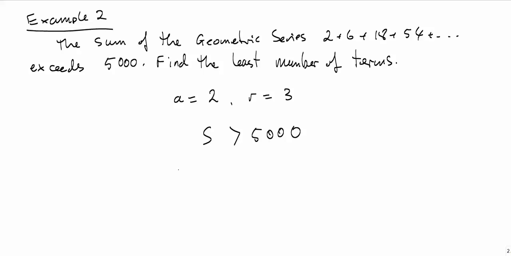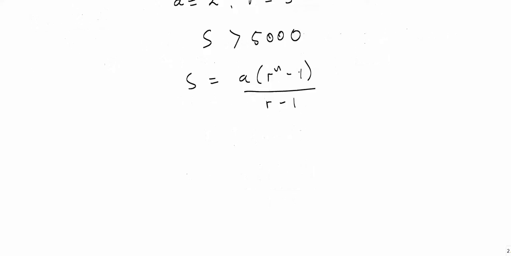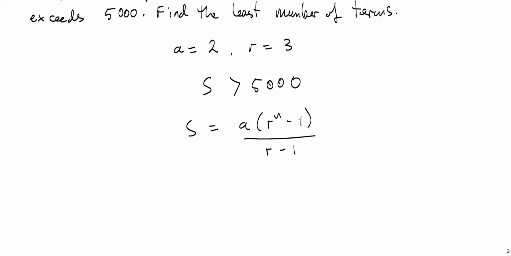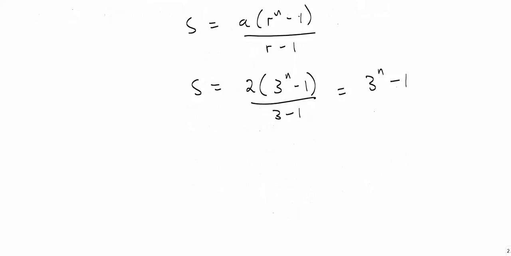Well, again, we want to use the formula a(r to the n minus 1) over r minus 1, giving us positive on the top and bottom of the fraction. So S is 2 times 3 to the power of n minus 1 over 3 minus 1. Well, 3 minus 1 is 2, so that's 2 divided by 2 times 3 to the n minus 1, so the 2s cancel.